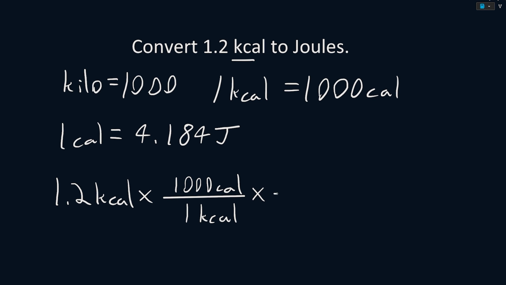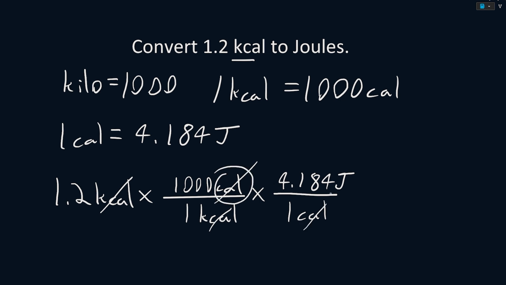Then we can convert from calories to joules by multiplying through our conversion factor of 4.184 joules for every 1 calorie. Multiplying through this, we see that the kilocalories cancel to give us calories, then the calories cancel to leave us with joules. Solving this, we get that 1.2 kilocalories is equivalent to 5,020.8 joules.